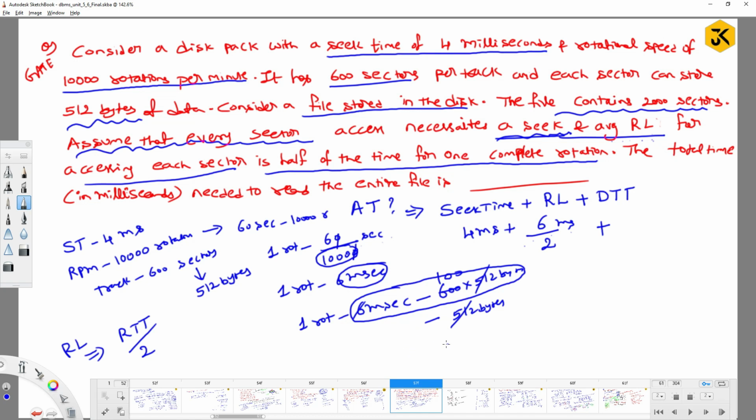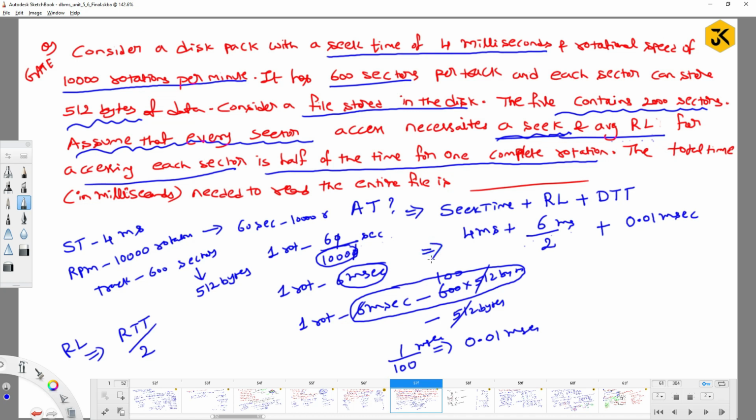So the data transfer time is 1 by 100, which is equivalent to 0.01 milliseconds.